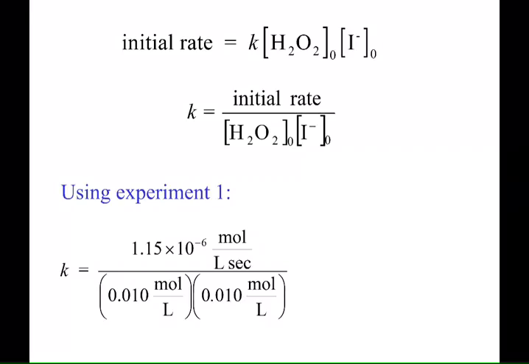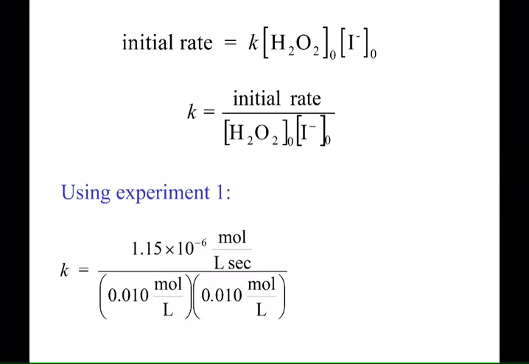We said that if it was an overall second reaction order, it should have units of 1 over molarity and time. In other words, liters per mole time, didn't we? So let's see if that's what we get unit-wise.